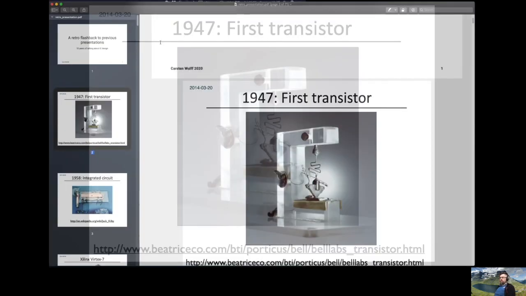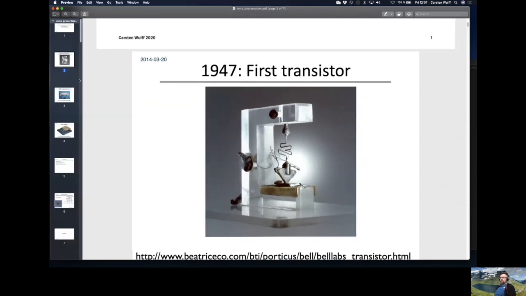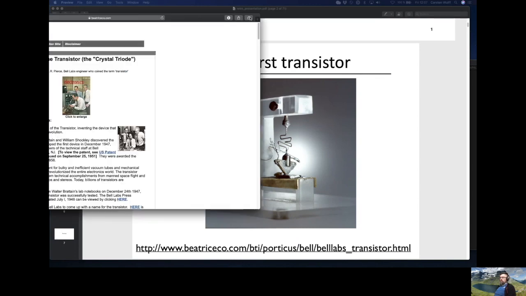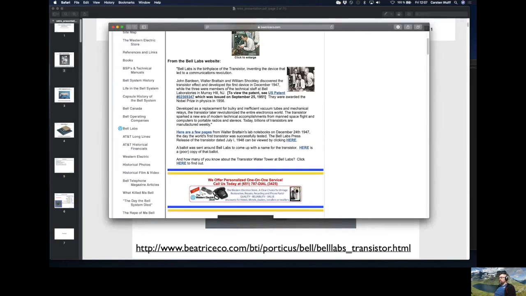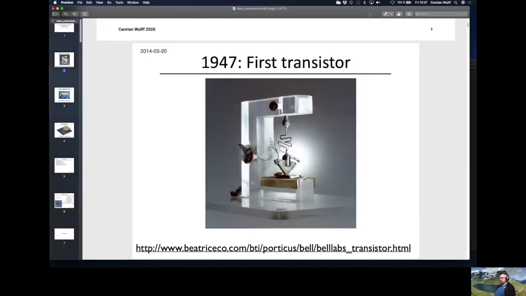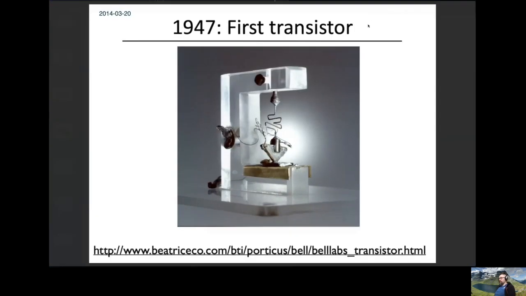That doesn't work. Okay, let's do it like this now. Yeah. So, December 1947, Bardeen, Brattain, and Shockley. And this is sort of the first attempt and the first realization of a transistor.